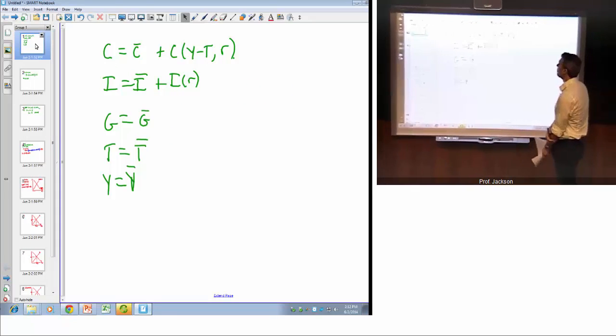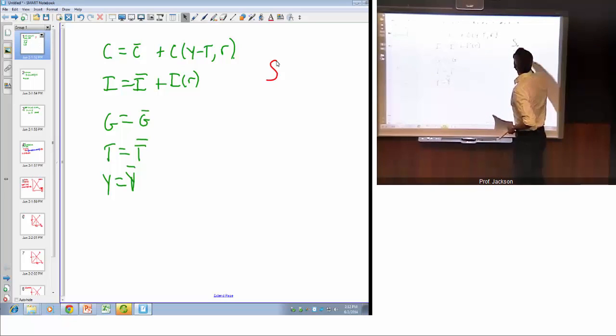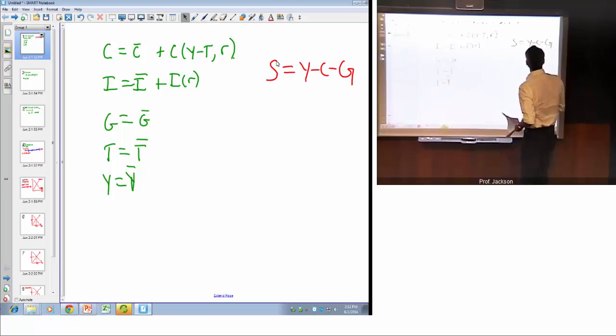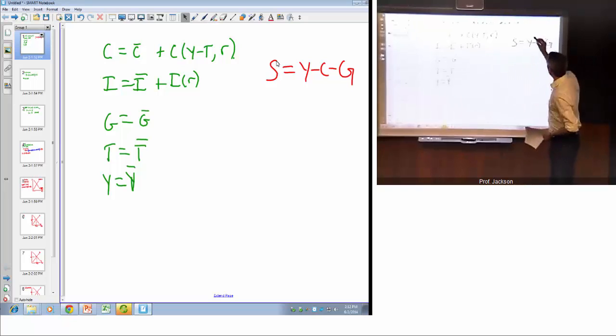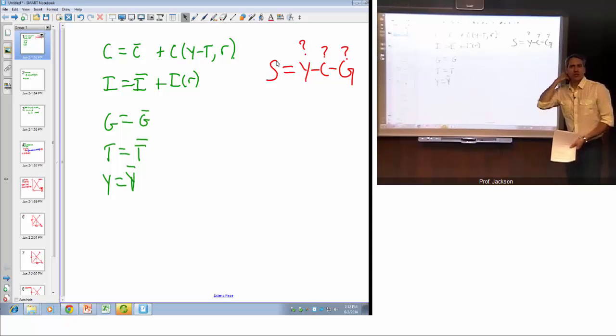If we flip to the notebook, again, the point here is that saving is equal to y minus c minus g. So the question is, what determines each of these three pieces? And so we can tell a story around what determines these things.